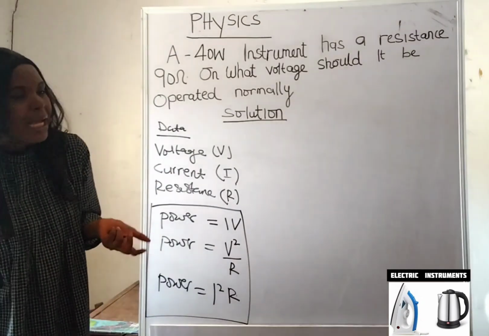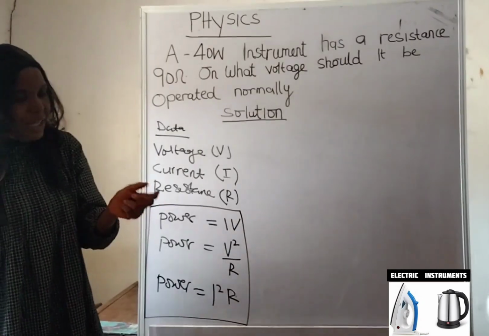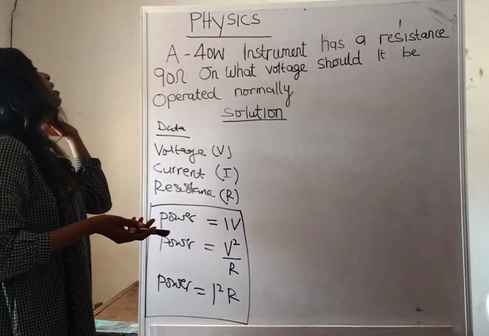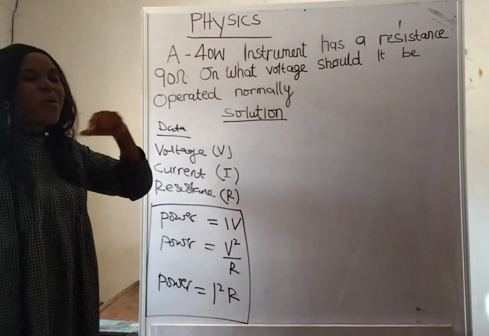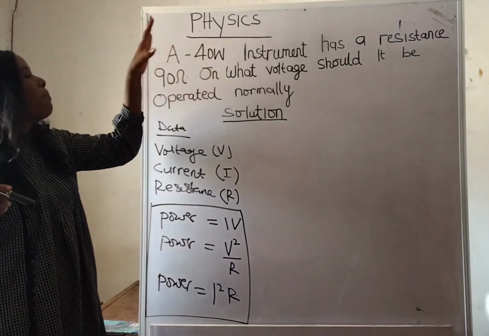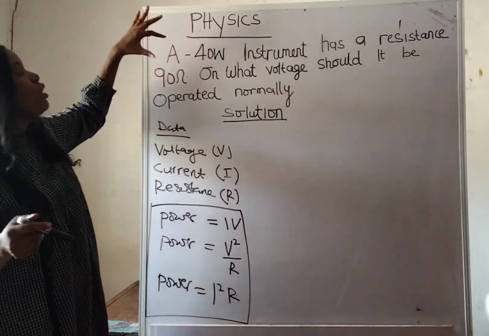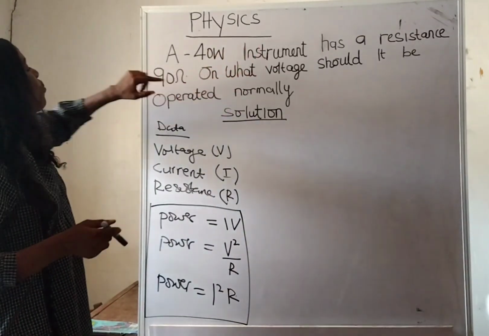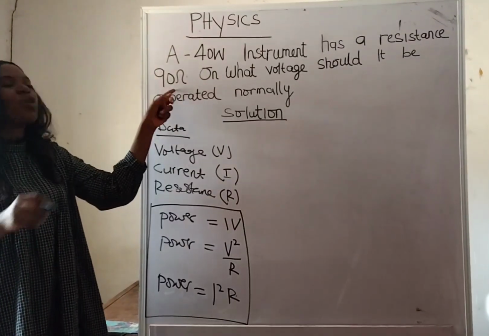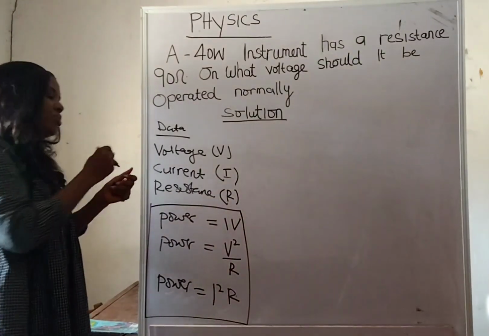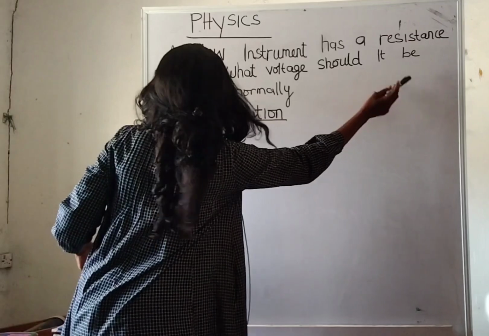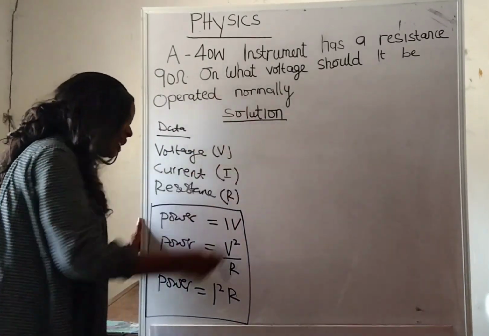It might be an electric heater, electric cooker, whatever. It is an electric instrument, and it has power. It said it is 40 watts, which is the power. Power is measured in watts. It says it has a resistance of 90 ohms. It now asks us, on what voltage should it be operated normally?